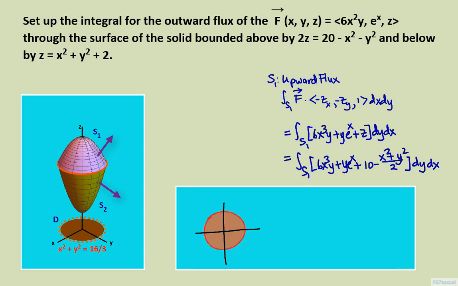Therefore, the y values start from the lower semicircle, where the y values are equal to minus the square root of 16 over 3 minus x squared, all the way up to the y values in the upper semicircle, where the y values are equal to the square root of 16 over 3 minus x squared.